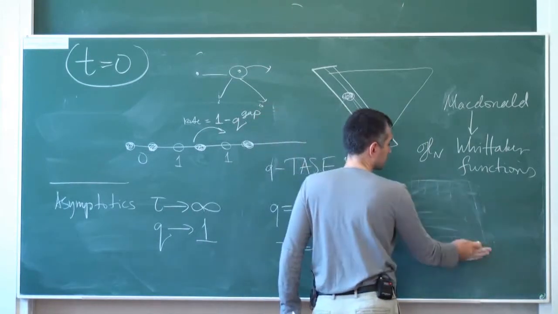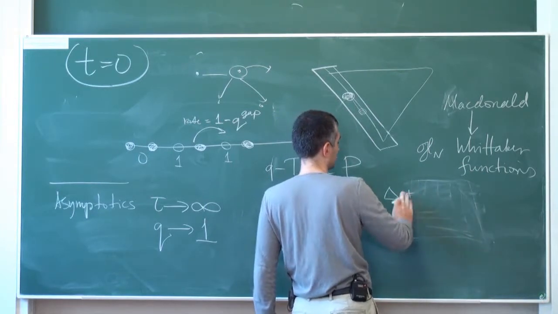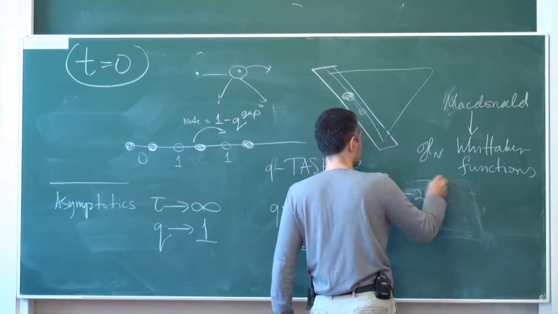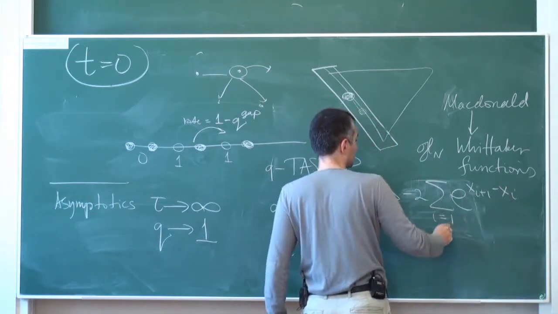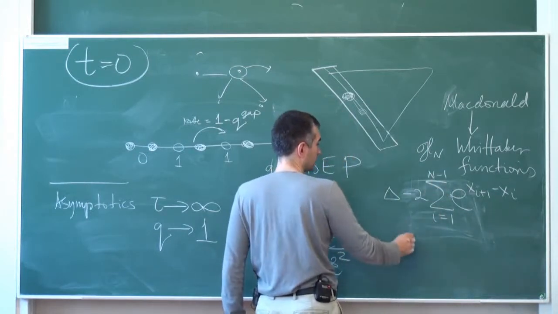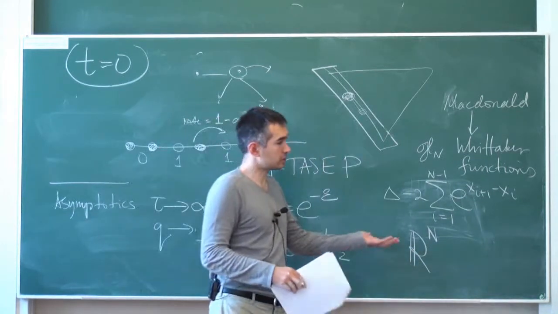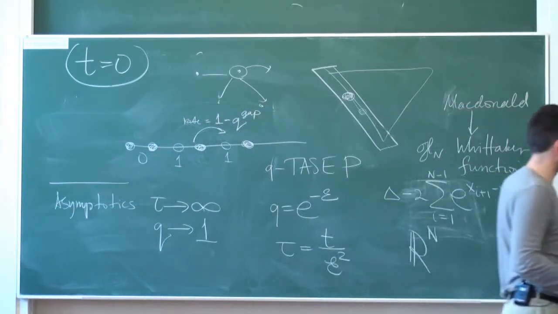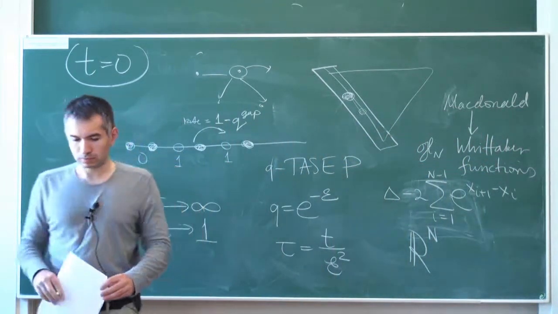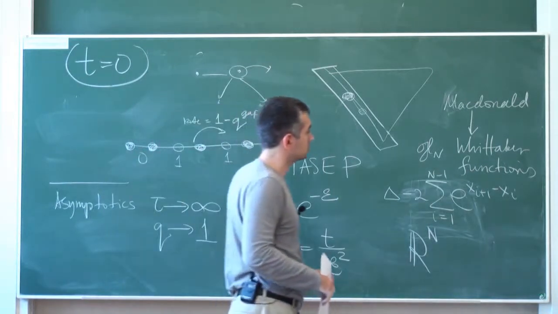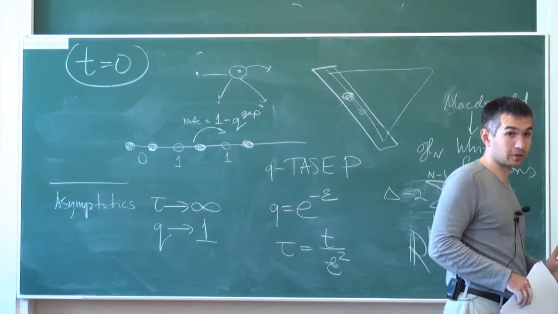So they are eigenfunctions for the operator, which is the Laplacian plus or minus twice the sum of e to the x_{i+1} minus x_i, i goes from 1 to n minus 1. So this is an operator on R^n. So, in a sense, the appearance of the quantum Toda lattice in the polymer problem is the inheritance of the Macdonald structure we started from the very beginning with.